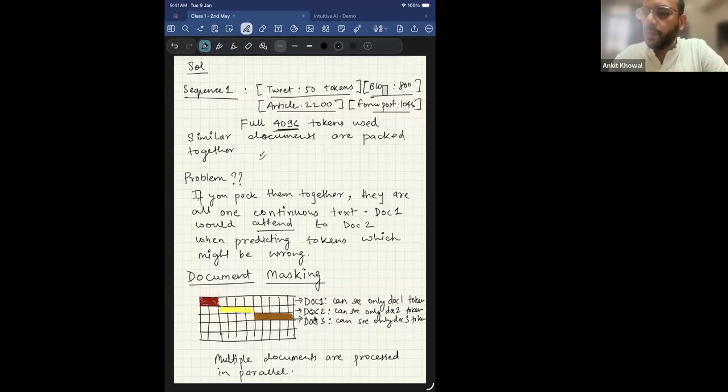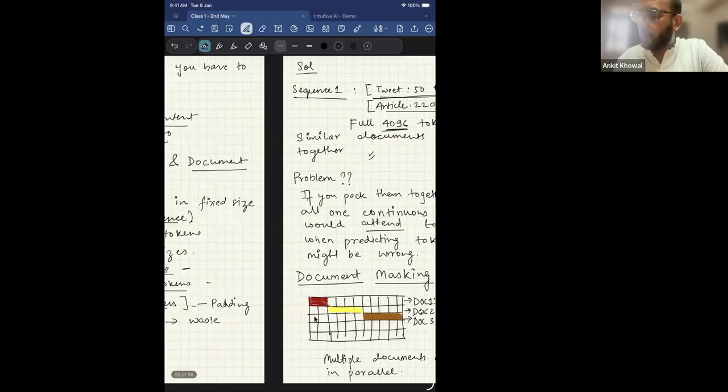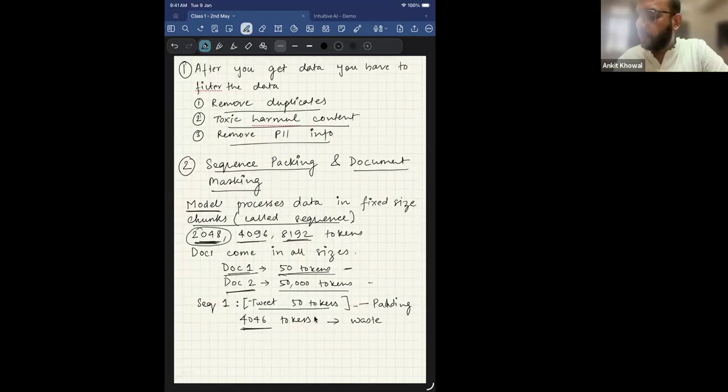Why do models get into doing all this? Why I'm telling you this is, like I said in my first point, training the model is a multi-million dollar thing, so we should do as many optimizations as possible. On a low level, you might think doc one is 50 tokens and doc two is this many tokens, smaller docs are there, so it's okay. But think about when you are training on a very large scale.